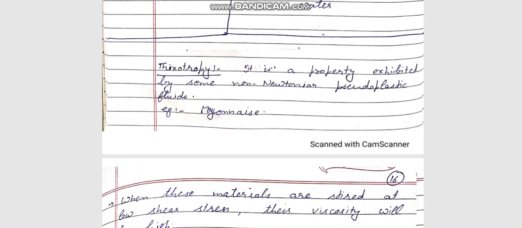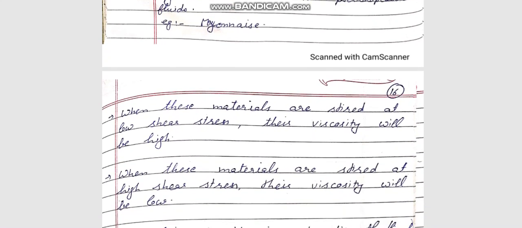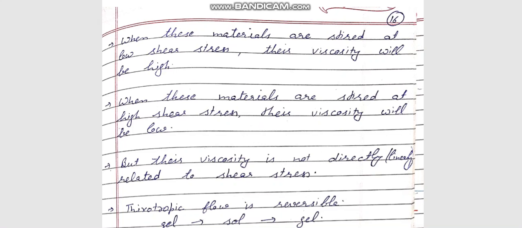So when these materials are stirred at low shear stress, their viscosity will be high. When these materials are stirred at high shear stress, then their viscosity will be low and their pourability will be high. But their viscosity is not directly related to shear stress.